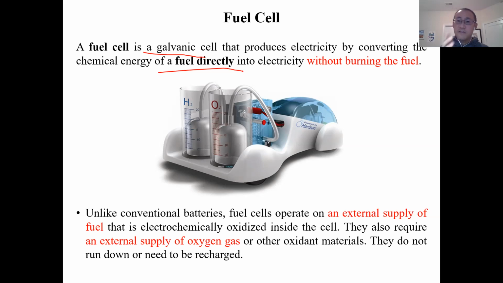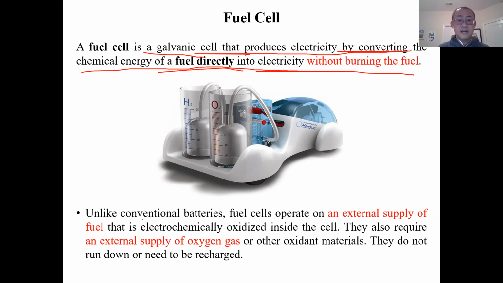But in a fuel cell, we don't burn the fuel. We run the reaction inside a galvanic cell to produce electric energy instead of burning the fuel to produce heat. So again, a fuel cell is a cell that produces electricity by converting the chemical energy of fuel directly into electricity without burning it.